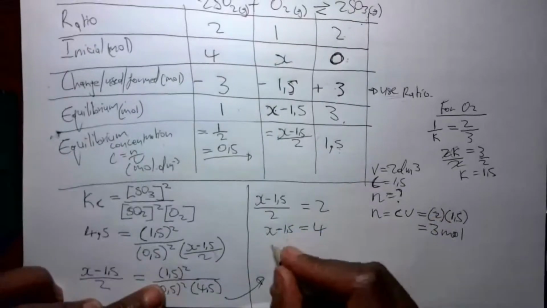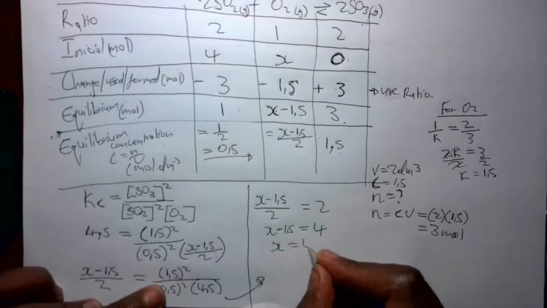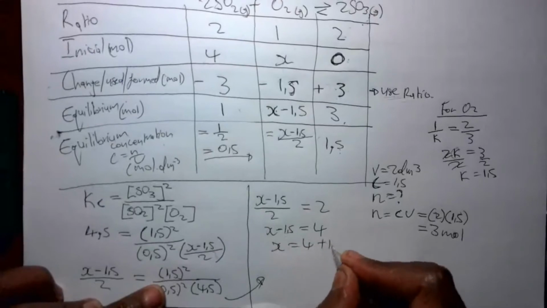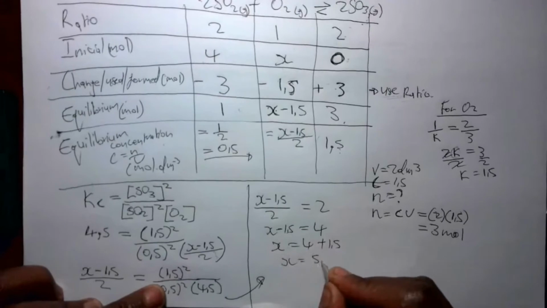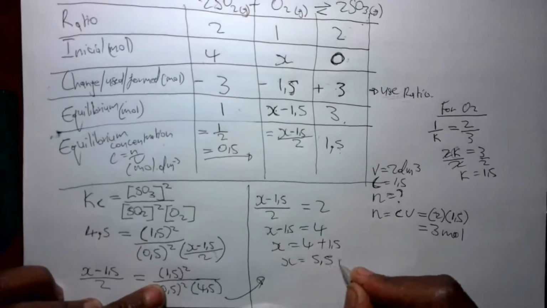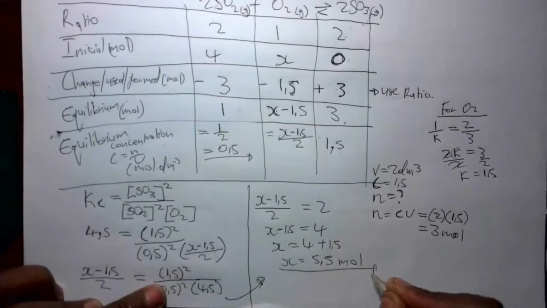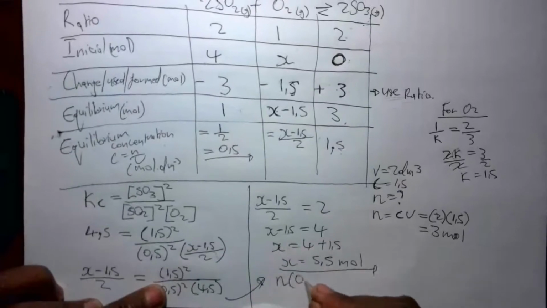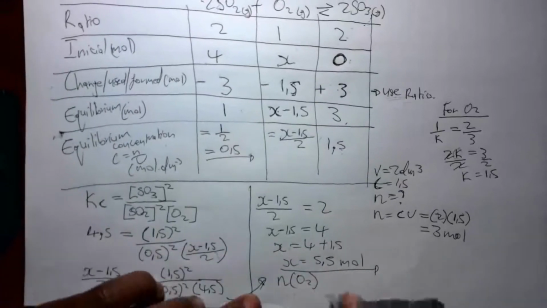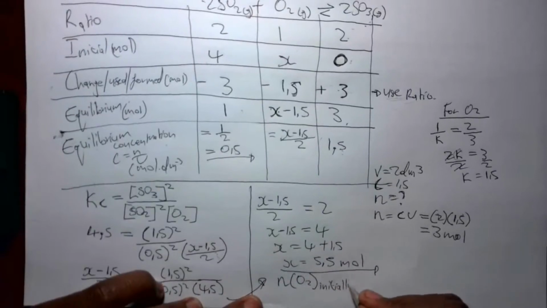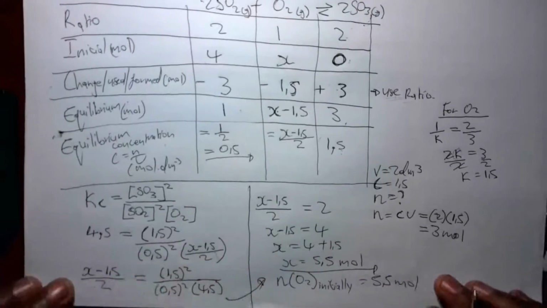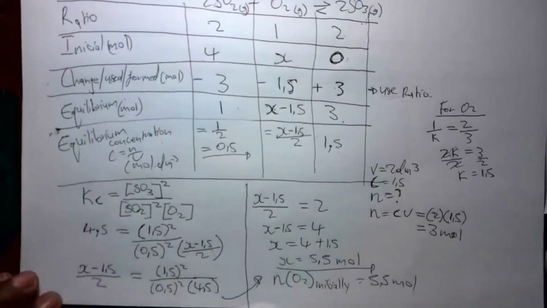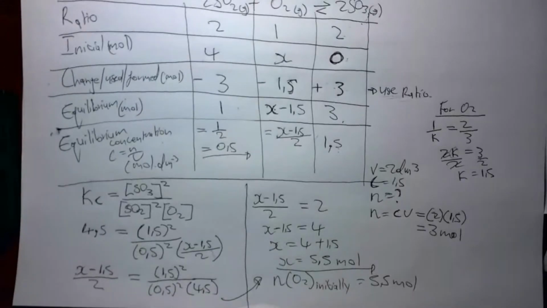We transpose this one, x is equal to 4 plus 1,5. So x is going to be equal to 5,5 mole. Okay, so the number of moles of oxygen initially is going to be 5,5 mole. So this is how you do case 2.